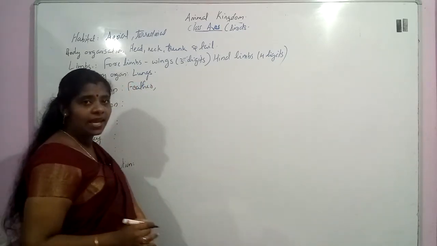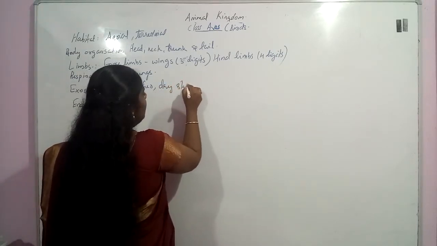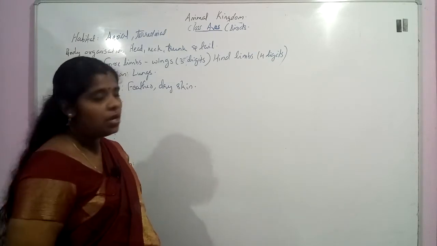They have dry skin. And there are normally no glands on the skin except the preen gland. They have only one gland, called the preen gland.